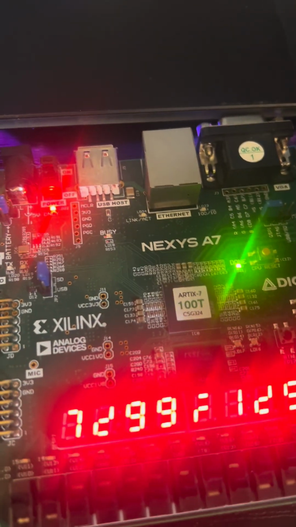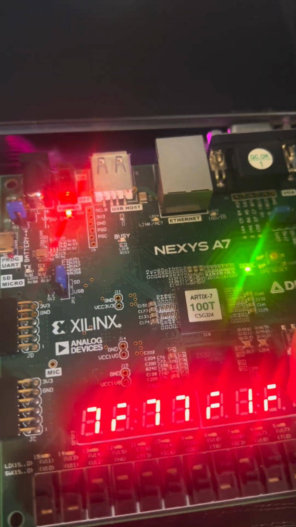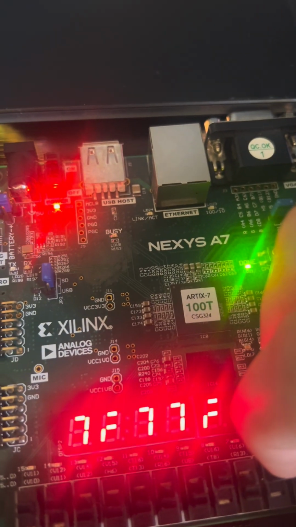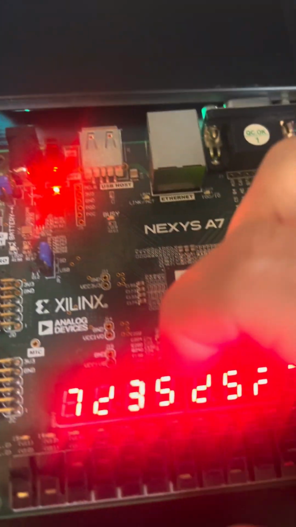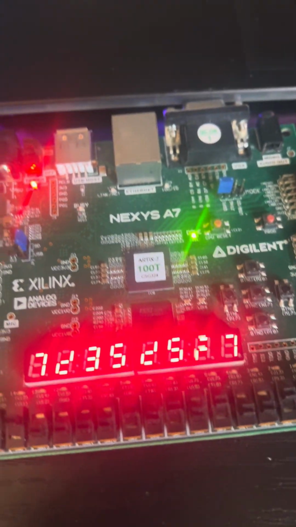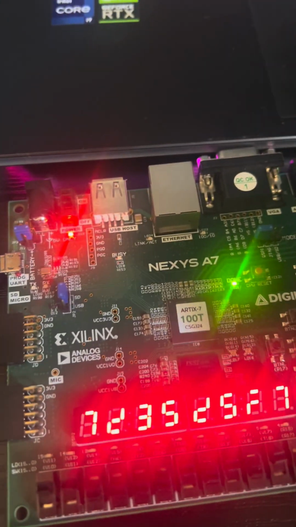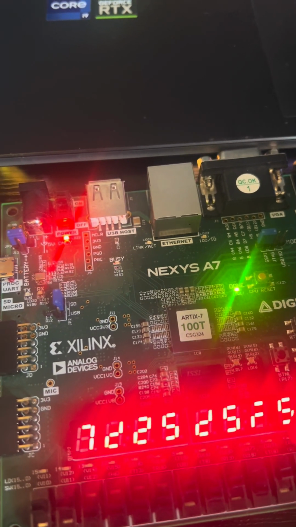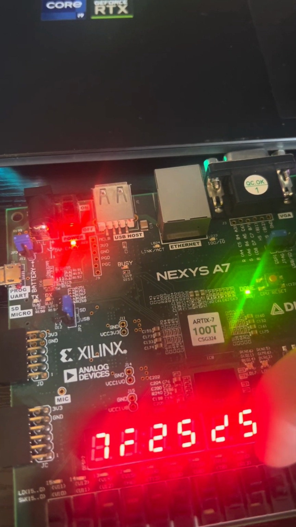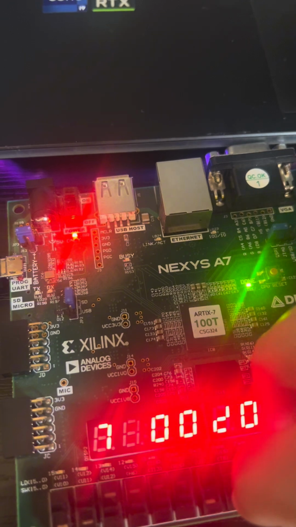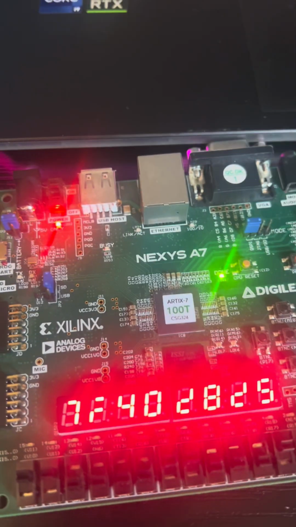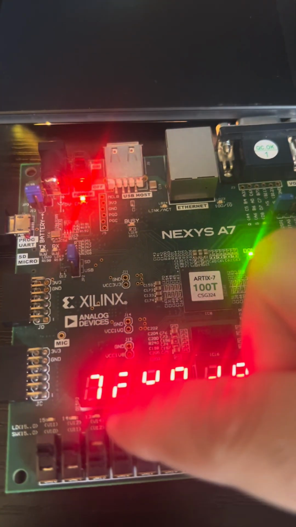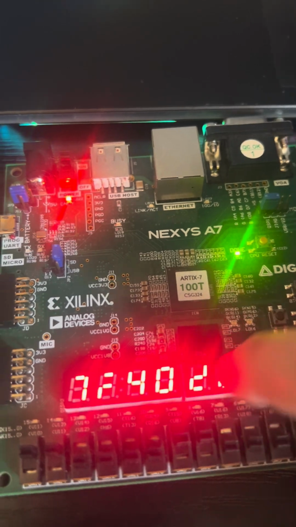Let's do 7 times negative 5. I think that one's this. So negative 35. Negative 5 times negative 8. Let's do that. Negative 8, that one. So positive 40. It should be positive.